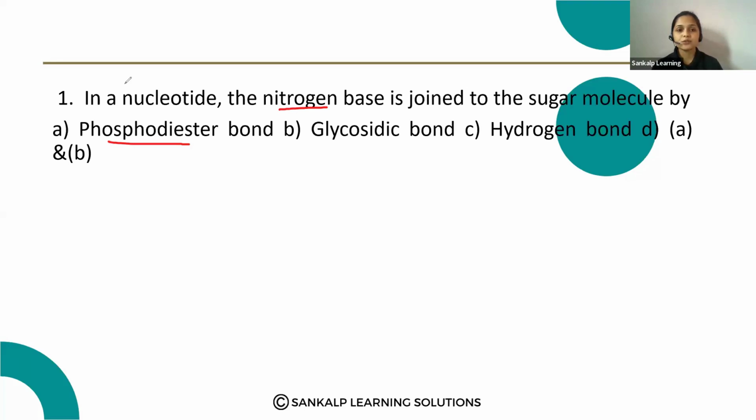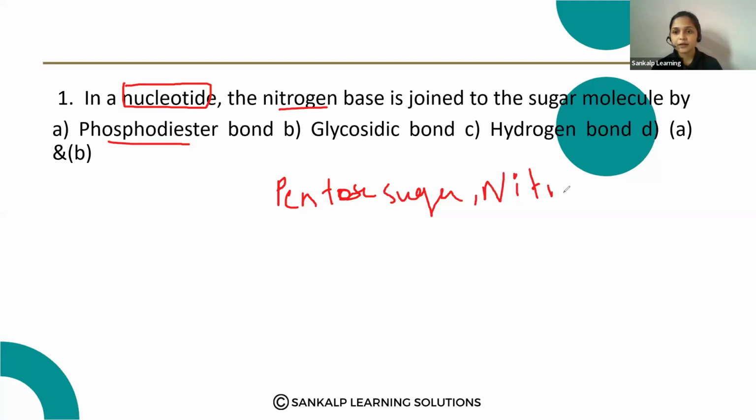Here, first you should know what a nucleotide is. A nucleotide contains a pentose sugar, in the case of DNA, deoxyribose. Then it contains nitrogen bases, that is adenine, guanine, thymine, and cytosine.